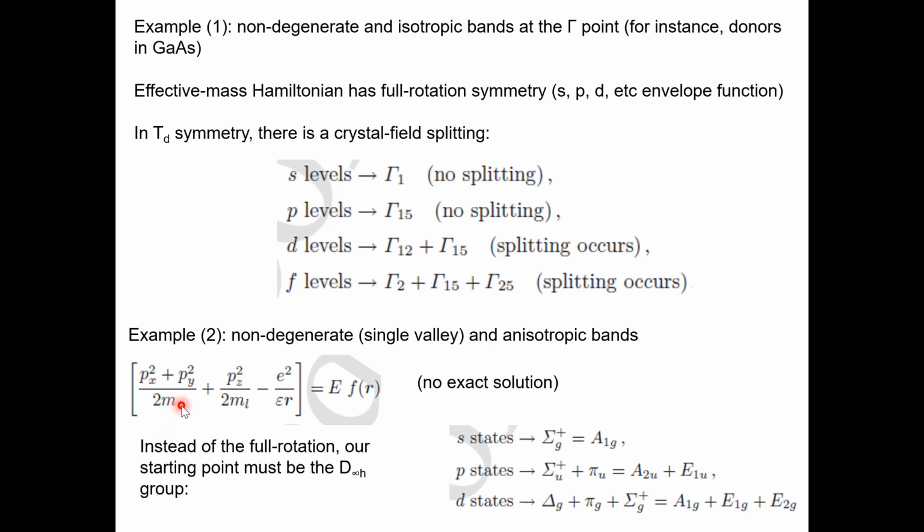So the symmetry is broken along one direction, and that reduces the symmetry from the full rotation group to the infinite-order group. And then we have to do the same exercise, decompose the different states from the infinite-order group into the cubic symmetry.